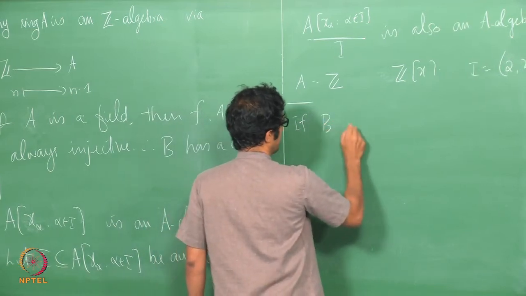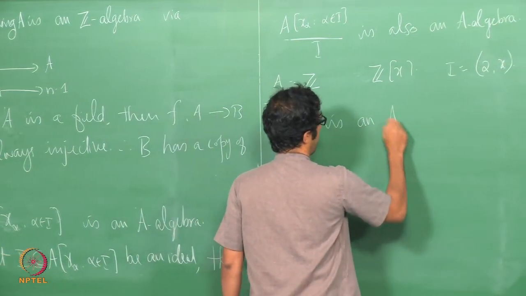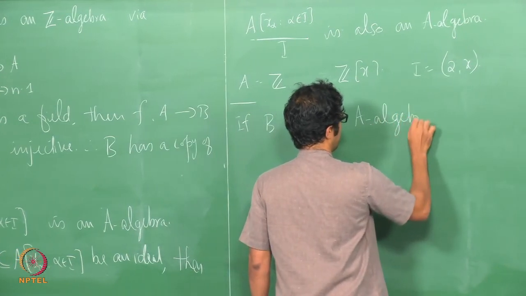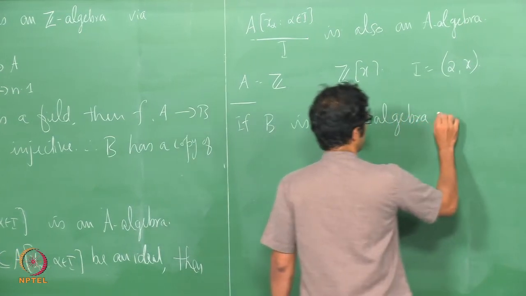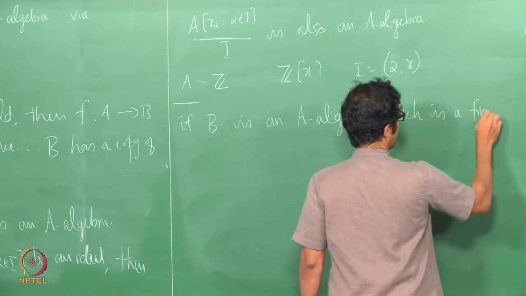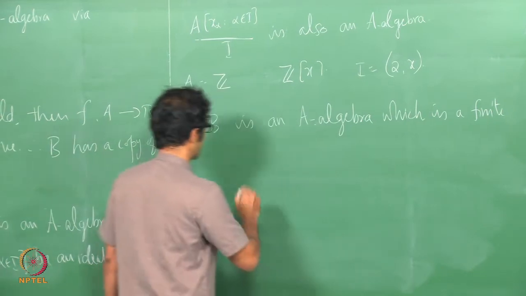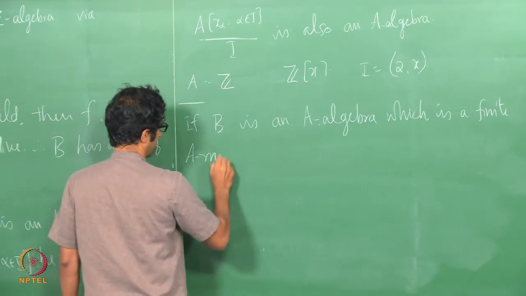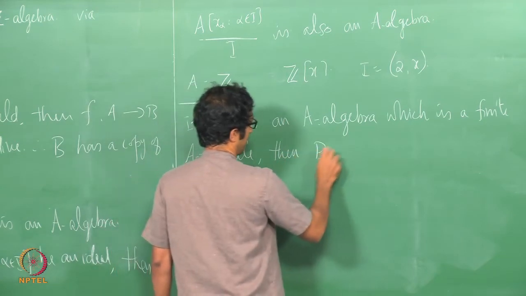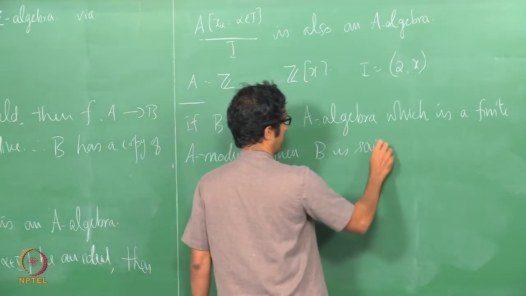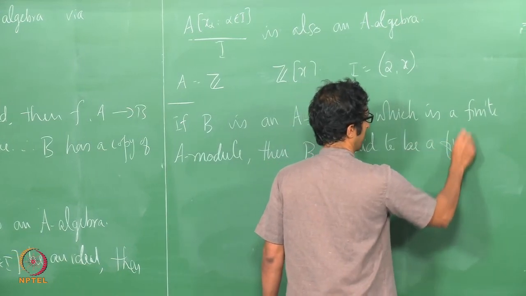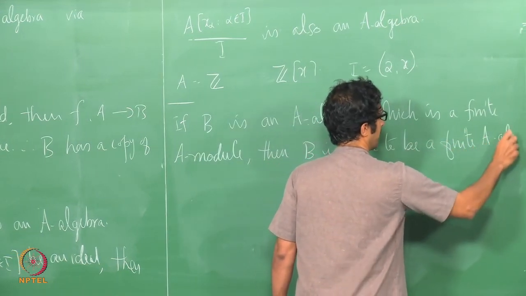If B is an A algebra which is a finite A module, then B is said to be a finite A algebra.